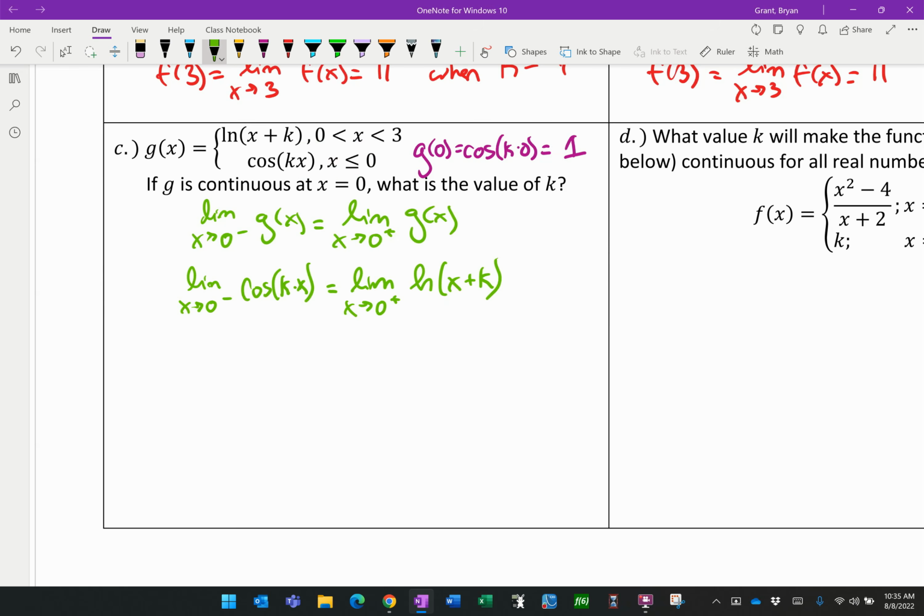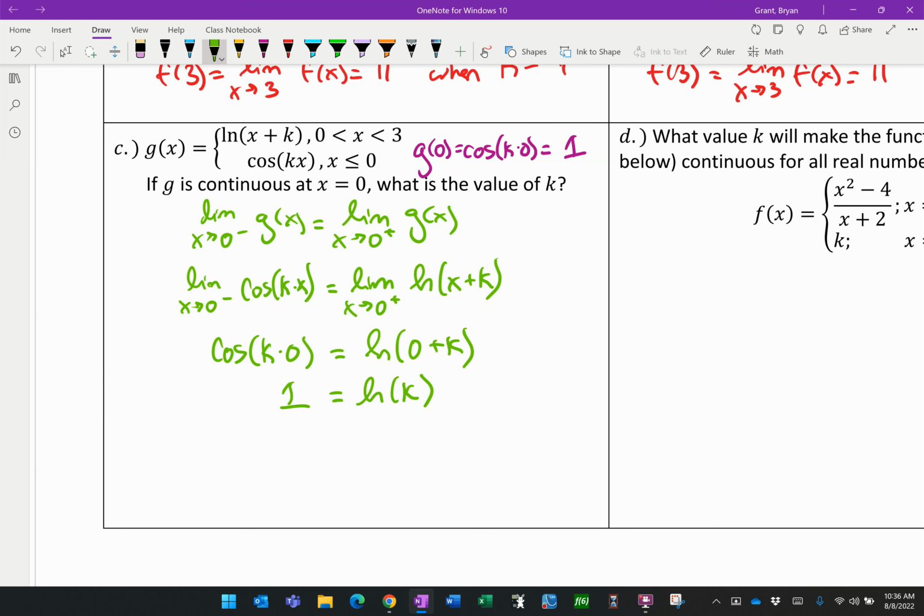All right, let's substitute 0 into both sides. Cosine of k times 0, replacing x with 0. The natural log of 0 plus k. There we go. We already said that k times 0 is 0, cosine of 0 is just 1. On the right side, we can at least simplify the inside to get here. And now this becomes a question of how do we isolate k?